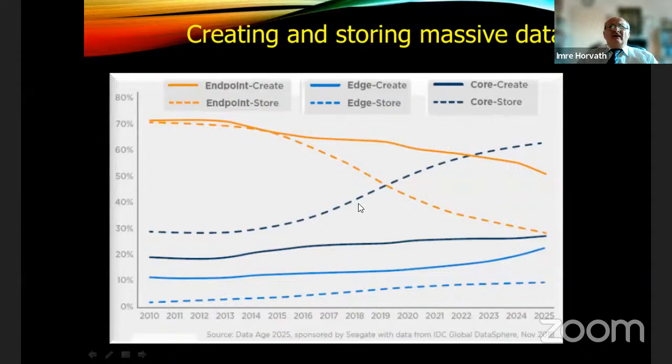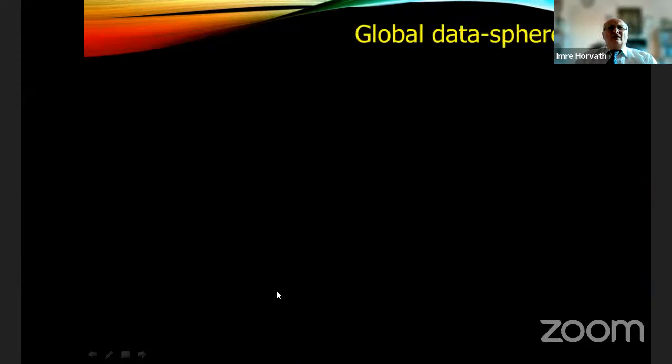First of all, the edge store will not increase, and the edge creation will not increase significantly. The endpoint store will radically decline, while the generation of the data there remains significant. And the data which is stored on the cloud will increase, but the cloud-based data generation will be permanent. These will be influential trends for cyber physical system development as well, and obviously the cyber physical systems will contribute to these modes of generation and storage.